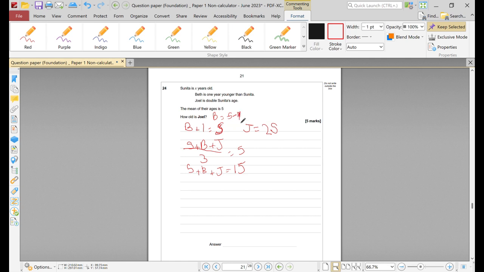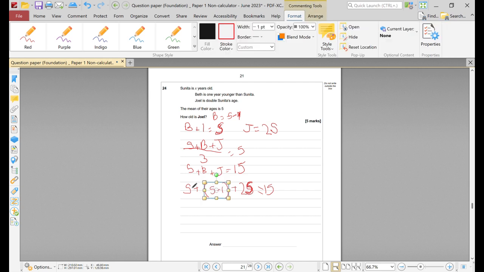So let's plug these in, because we can put them all in terms of Sunita. So S, Sunita, plus B is S minus 1. So S minus 1. J is equal to 2S, plus 2S, that's equal to 15. I don't like writing S because it looks like a 5. We know that these are S's.